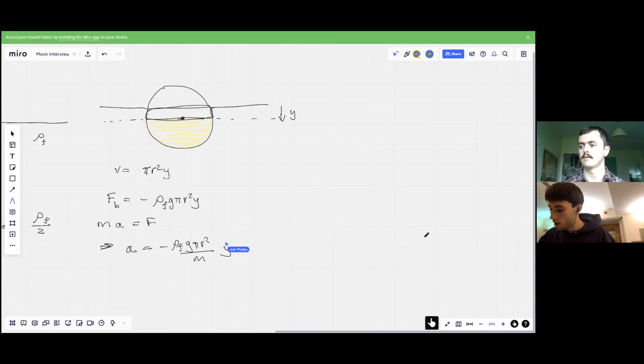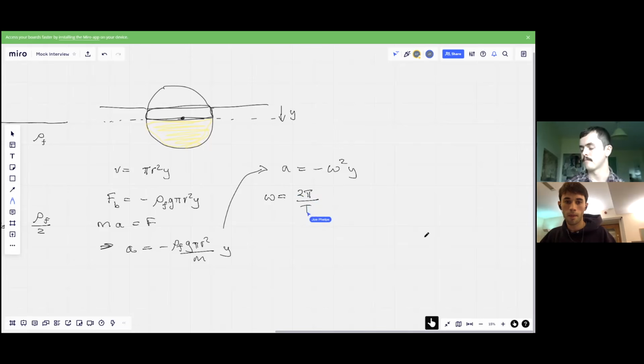So for simple harmonic motion, I know that acceleration is equal to minus omega squared y, or the displacement variable. Yep. Where omega is 2 pi divided by the period of that motion.